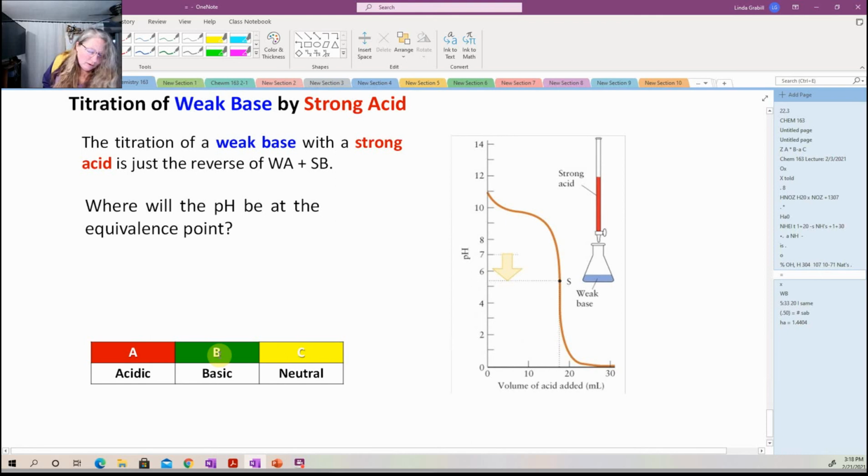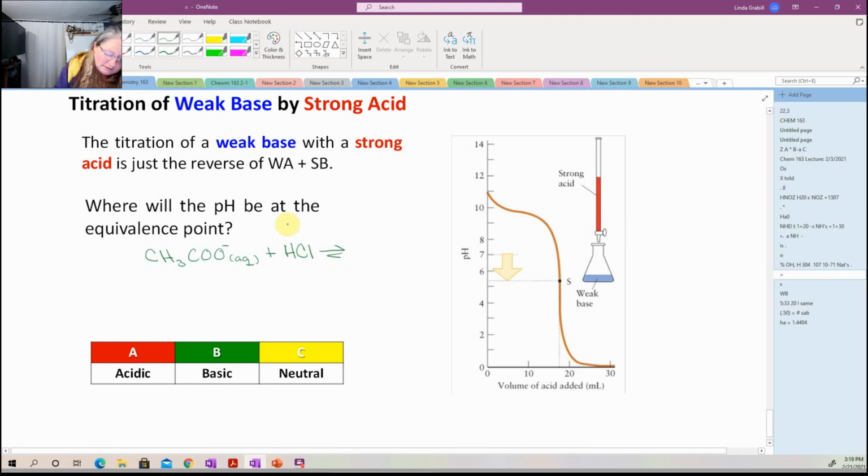So if I want to titrate a weak base with a strong acid, what do you think the pH is going to be at the equivalence point? Higher, lower, or about the same? In other words, more acidic, more basic, or neutral? Okay, so let's just start off with the same weak base that we've been using, CH3COO minus. Put in phase labels this time. Plus a strong acid, so let's just go HCl. What are we going to get here?